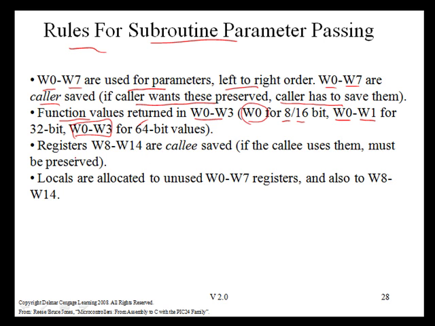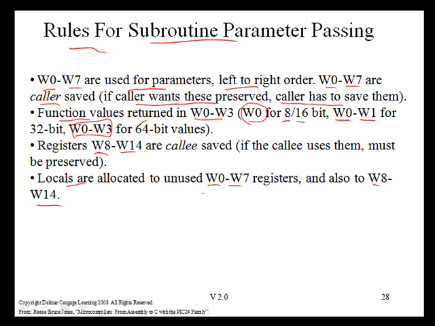Within the subroutine, registers W8 to W14 are said to be callee saved. That is, if the subroutine uses these, then it needs to save them, again by pushing them on the stack before using them. For local variables, the subroutine is free to use unused W0 to W7 registers, and it can also use W8 to W14.